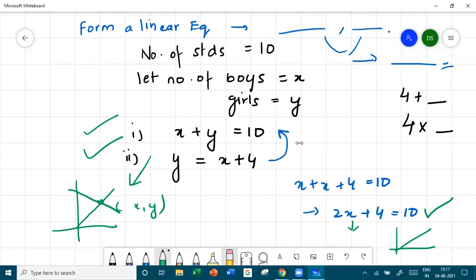Yes, Divya, pen is correct now. Aditya, yes, your answer is correct. Okay, I'm waiting for answers from the rest of you. Yes, Yasmin, correct answer.